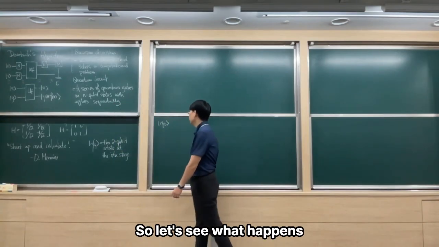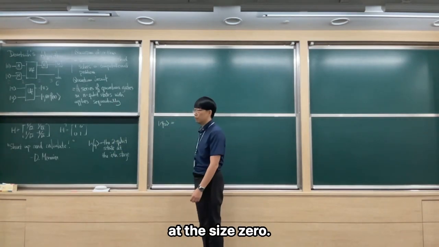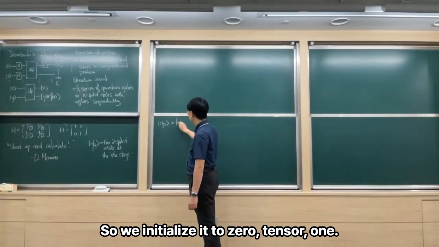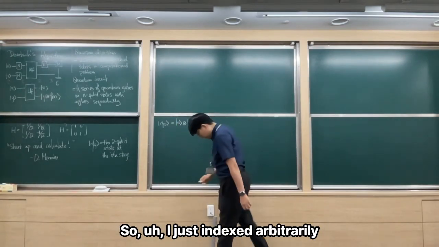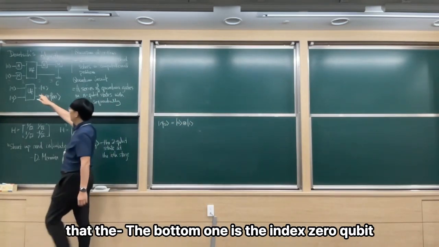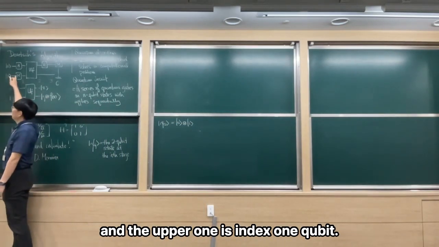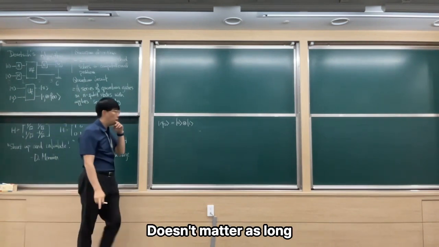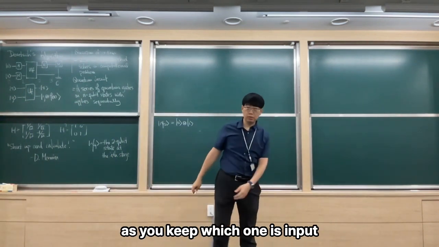Let's see what happens at psi 0. We initialize it to 0 tensor 1. I just indexed arbitrarily that the bottom one is the index 0 qubit and the upper one is the index 1 qubit. It doesn't matter as long as you keep track of which one is input and which one is output.